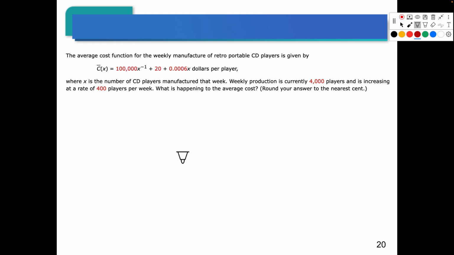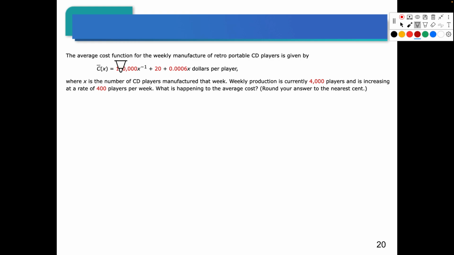What I want to highlight though, as you start preparing for the test, remember, in one of the other sections we talked about, they gave us a total cost function, and they wanted the average cost function, right? So we had to make the average cost function by dividing by x.